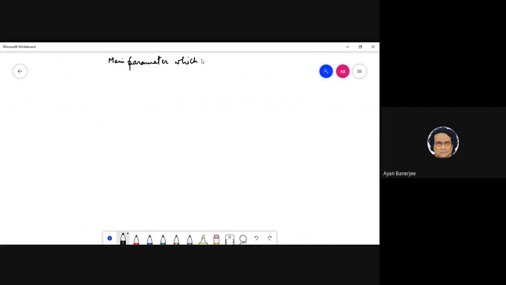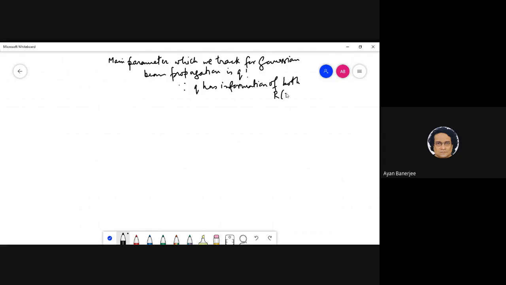I map that using Q, the main parameter which we track for Gaussian beam propagation, because Q has information of both R(z) and W(z). So obviously you keep track of Q in order to know how both have modified.